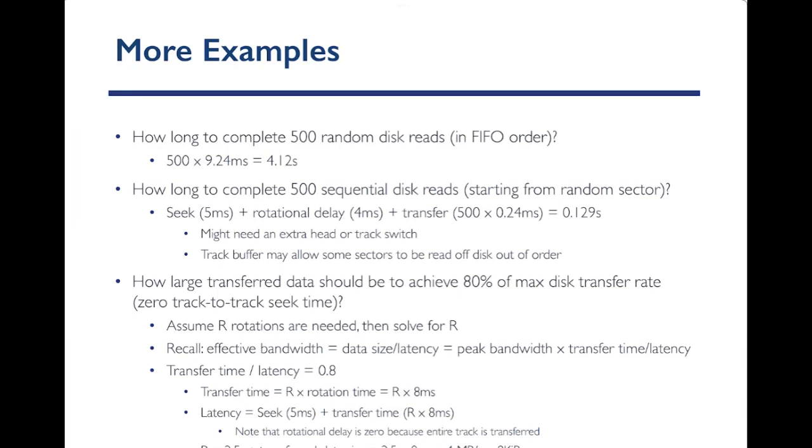So what is the question? The question says, don't you need 5 times R as well, since you are transferring R tracks? I don't get it. Why 5 times R?